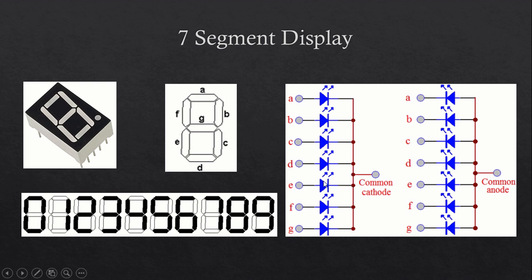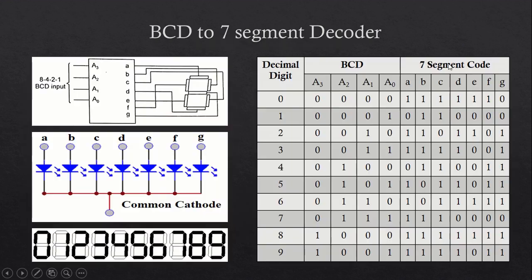Let us now design our BCD to 7 segment decoder circuit. This is the functional diagram where you can see the 4-bit BCD inputs A3, A2, A1, A0 and the outputs A, B, C, D, E, F, G. These are properly connected to the 7 segments of the display.